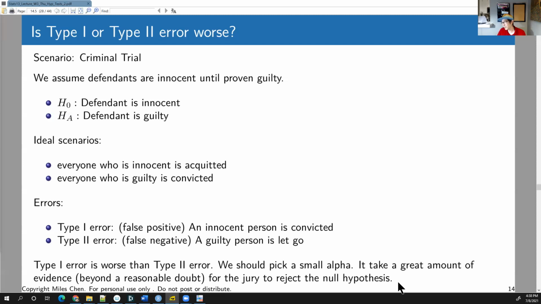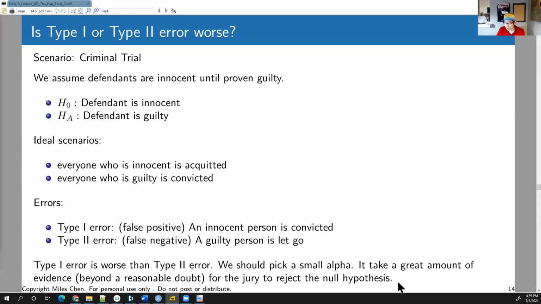And this is an argument that comes up in the debate about whether or not, as a society, we should have capital punishment. Should we as a society execute people who are guilty of terrible crimes?